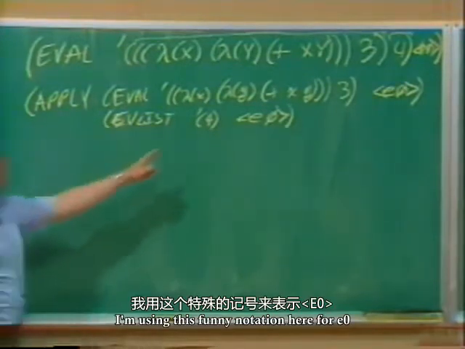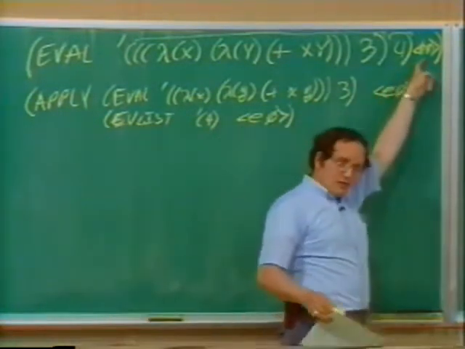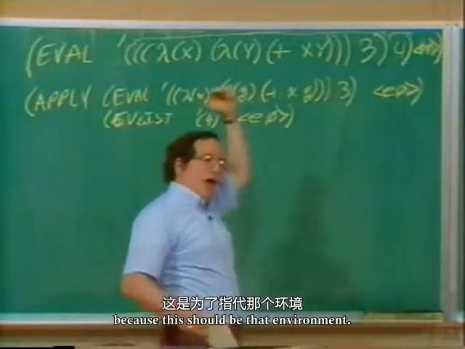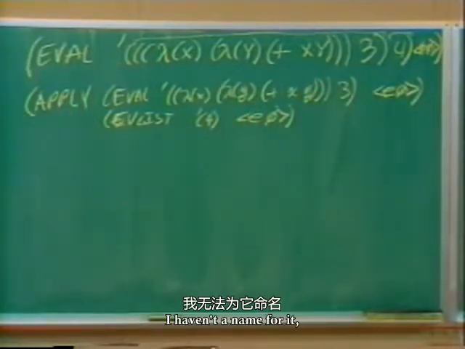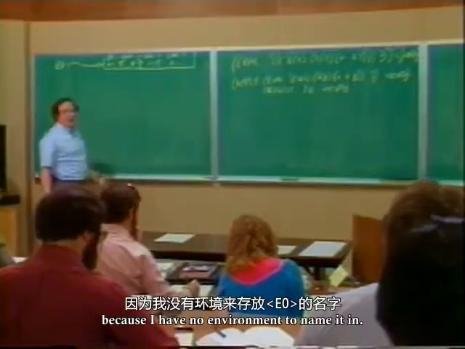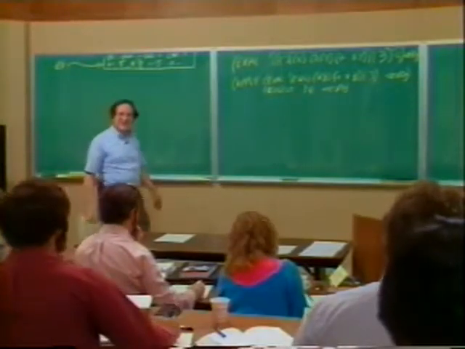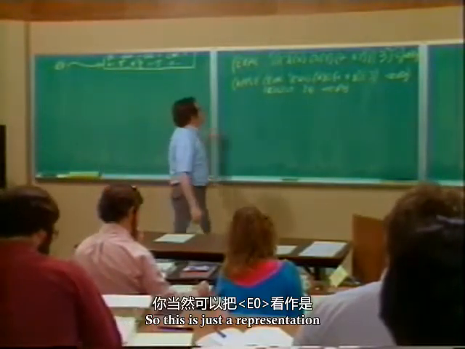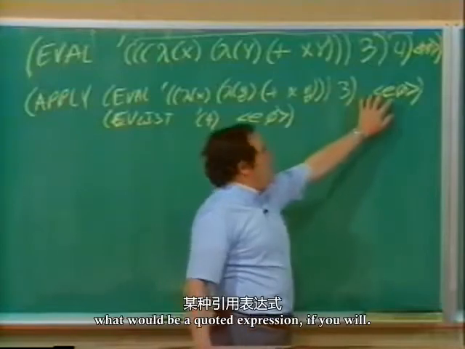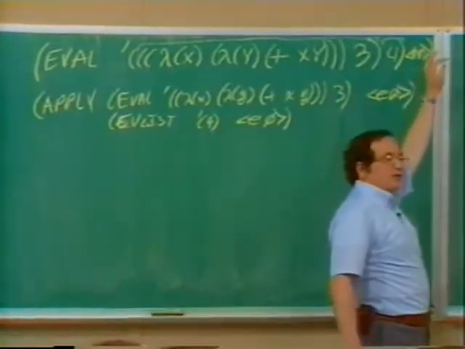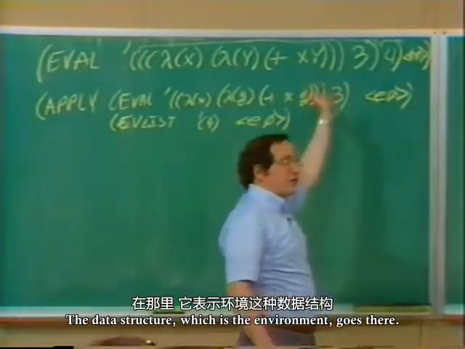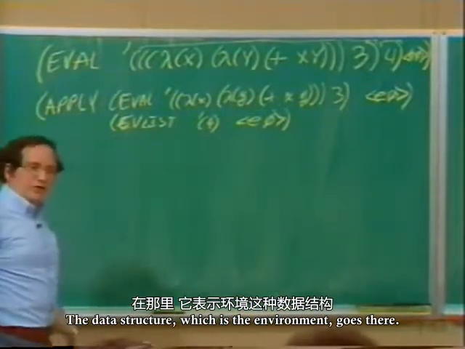I'm using this funny notation here for E0 because it should be that environment. I can't have a name for it because I have no environment to name it in. Okay. So this is just a representation of what would be a quoted expression, if you will. The data structure, which is the environment, goes there.